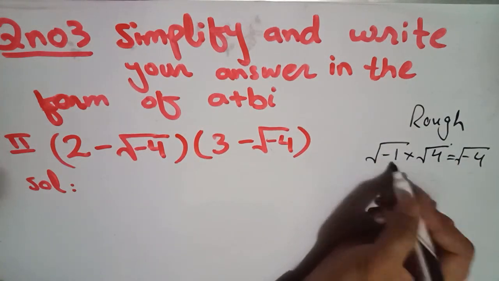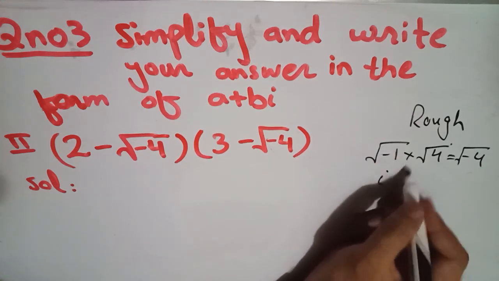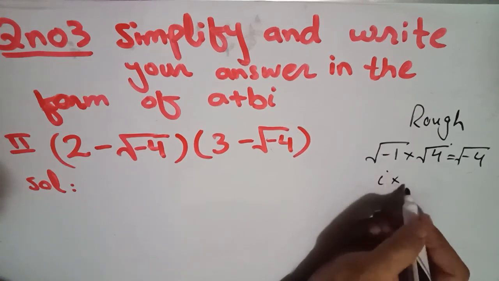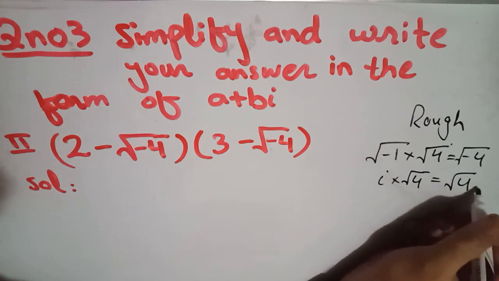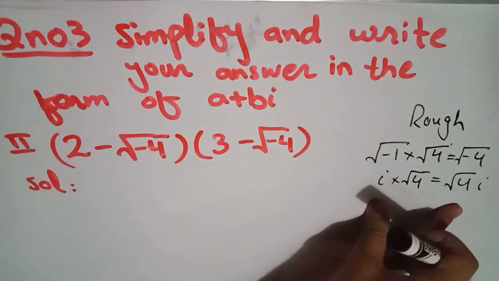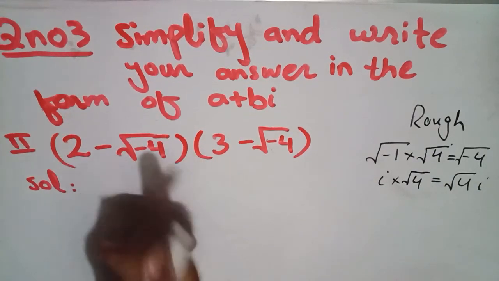Also you can write it, minus 1's under root can be written as iota, and when it will multiply with under root 4, it will become under root 4 iota. Okay, so we will do the same step in our question's answer.